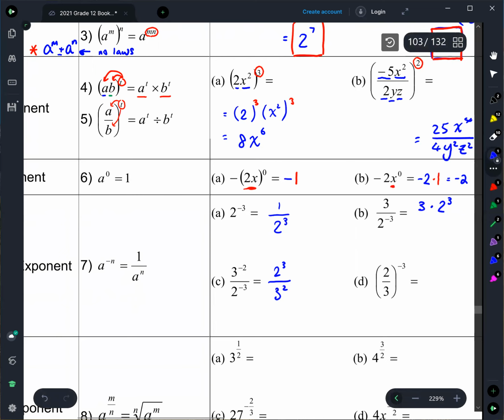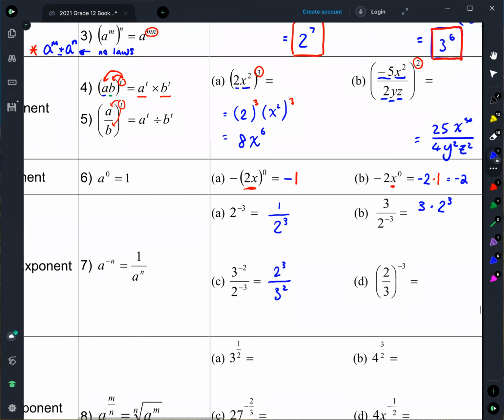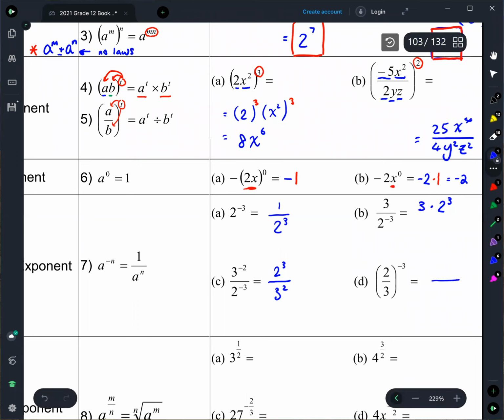All right, Waylon, what do you have for question D? I got 27 over 8. Okay, without evaluating, keep it as an exponent. 3 to the power of 3 over 2 to the power of 3. Yeah, very good.